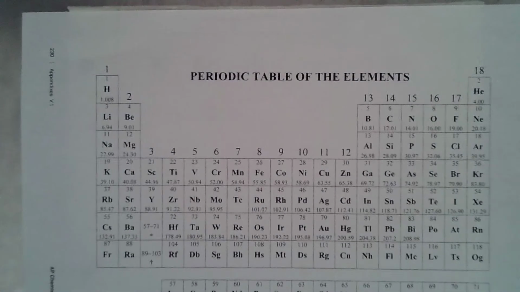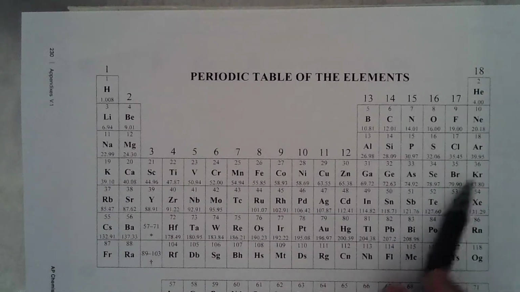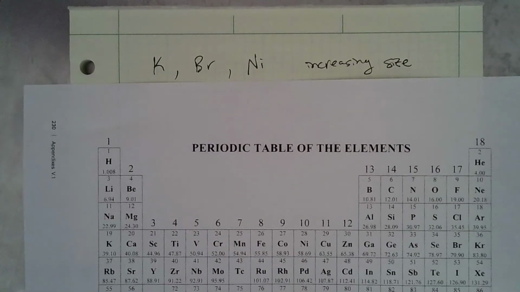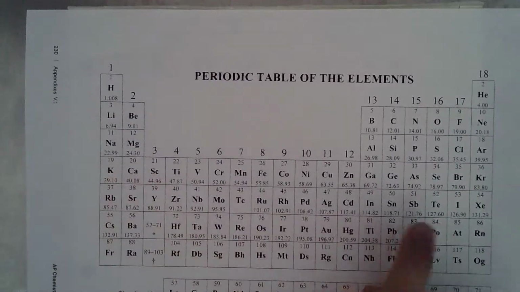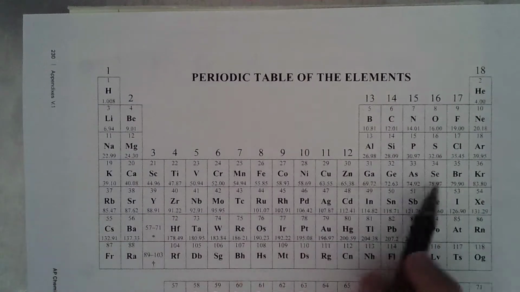Well, let's take a look at the periodic table and find where these elements are. We've got potassium here, krypton, nickel. No, bromine, sorry. So potassium, bromine, and nickel. They're number 19, number 28, number 35.